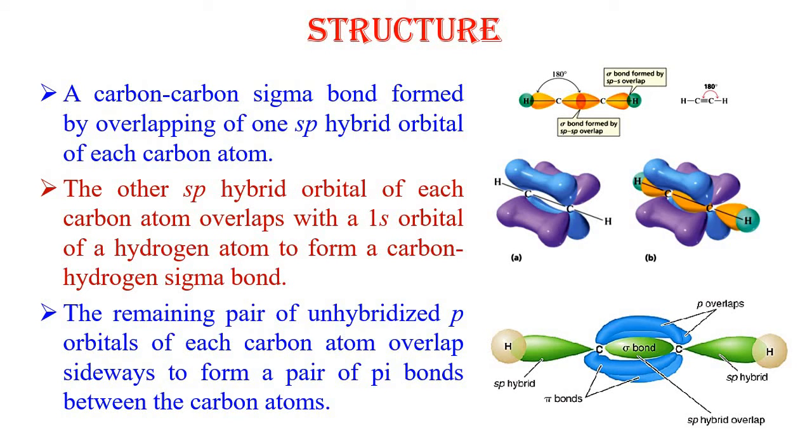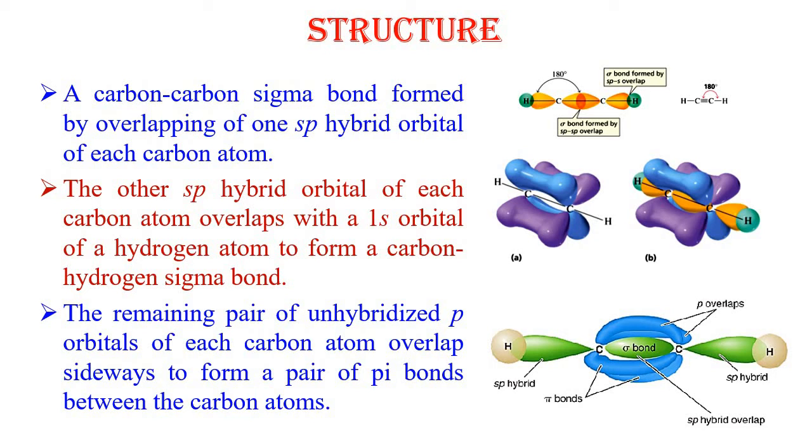Structure of alkynes. Alkanes are sp3 hybridized, alkenes are sp2 hybridized, while alkynes are sp hybridized. In sp hybridization, one sp hybrid orbital overlaps with the 1s orbital of hydrogen or the 2s orbital of carbon to form a carbon-hydrogen or carbon-carbon sigma bond, while the other hybrid orbital forms a carbon-carbon sigma bond with the other carbon atom present in the molecule.